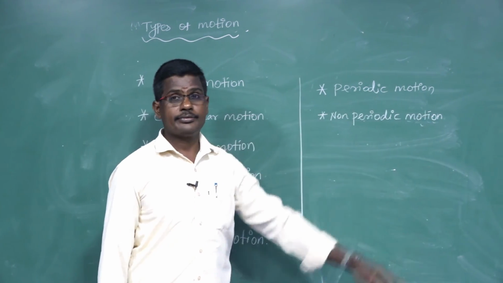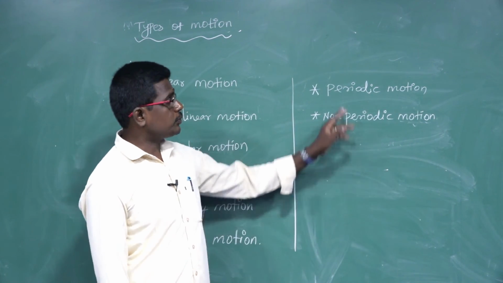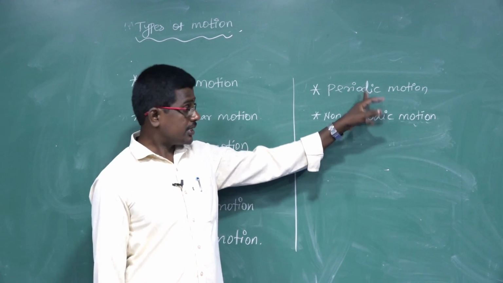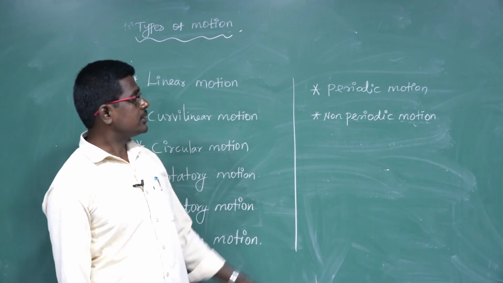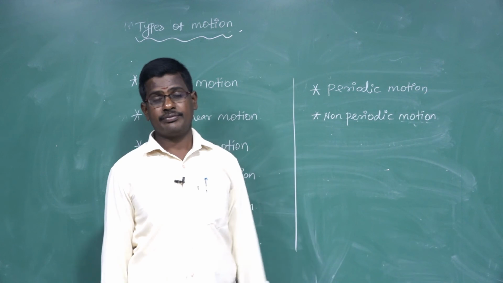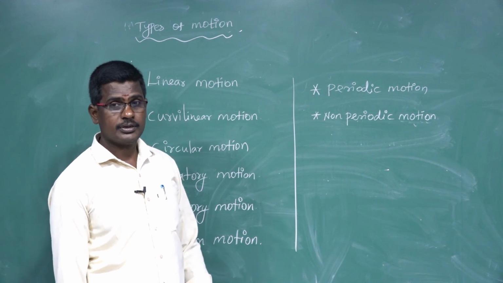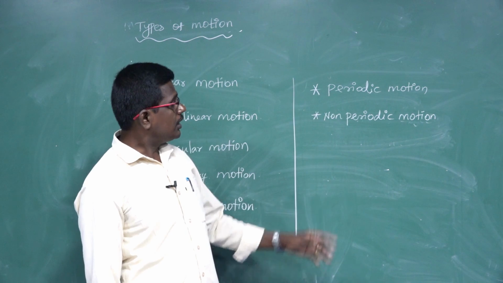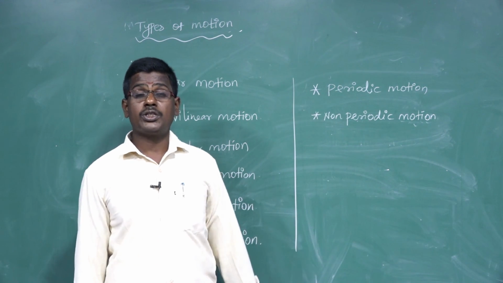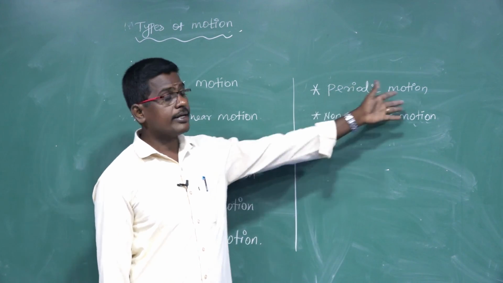Periodic motion: when the same motion repeats at a fixed interval of time, it is called periodic motion. Example: earth's rotation, revolution of the moon, revolution of the earth.